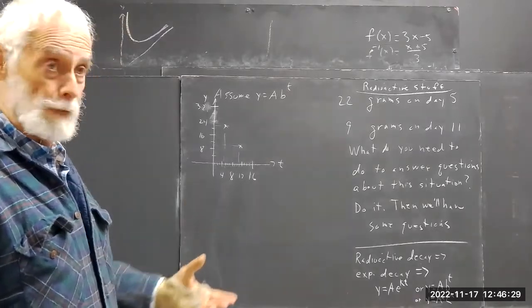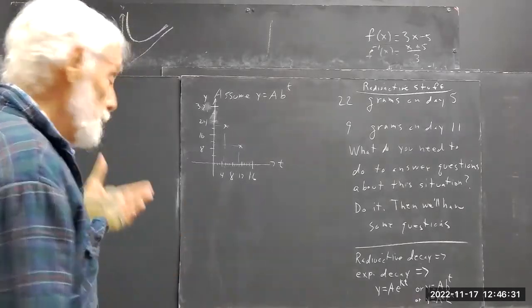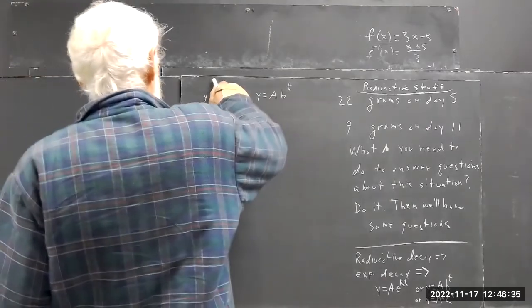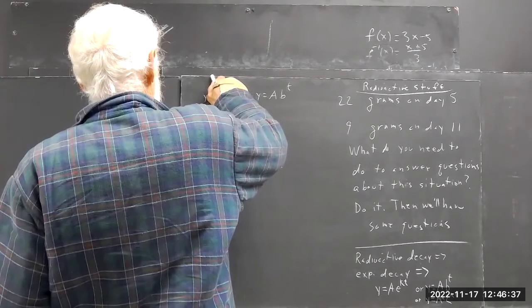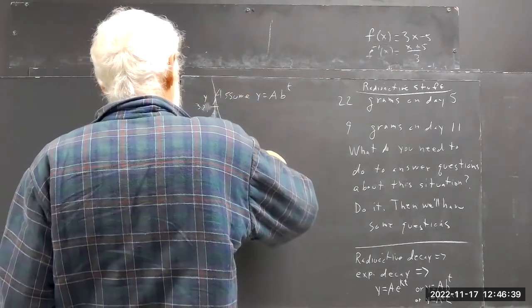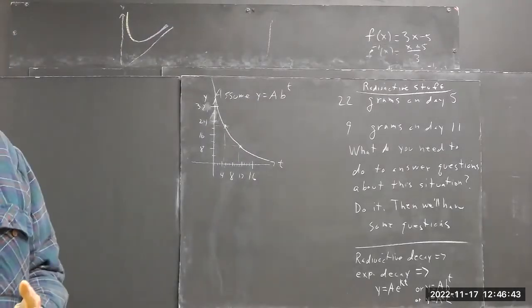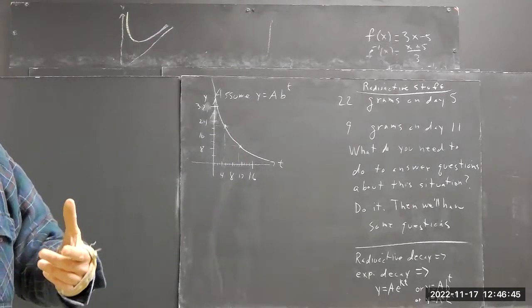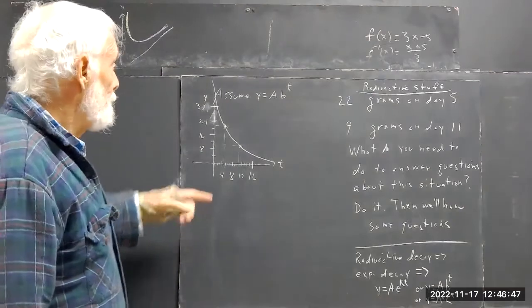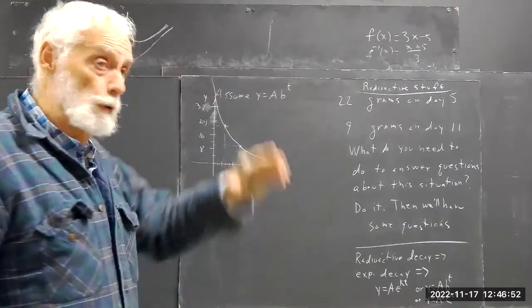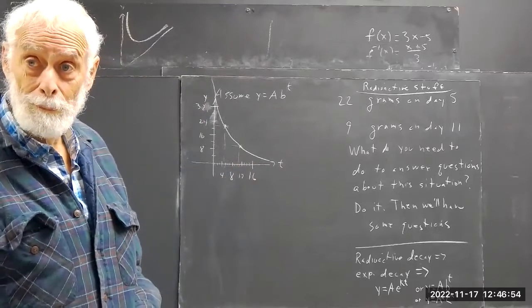If you've drawn a lot of exponential curves, and a lot of you apparently have, because you're drawing pretty good looking exponential curves, you see that this thing's going to have a shape that kind of looks like this. If that's a good curve, then I estimate that my y-intercept might be around 35, 40, somewhere around there, okay?